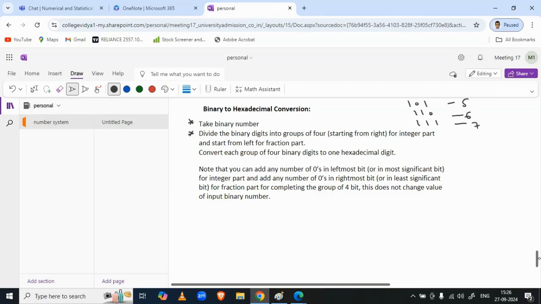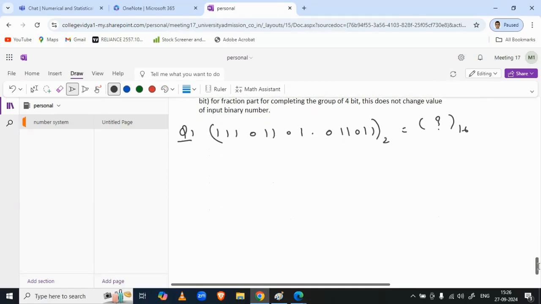Okay, so let us consider one question to explain this. 1110101.0110111. This is the binary number and you have to convert it into a hexadecimal number, right? So we will start forming the groups of 4 bits.